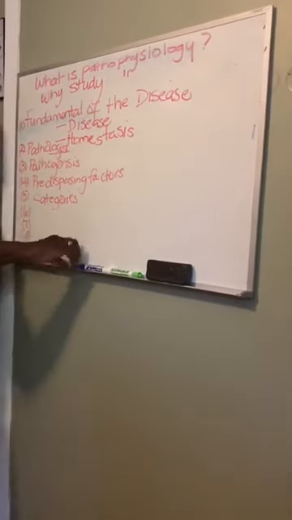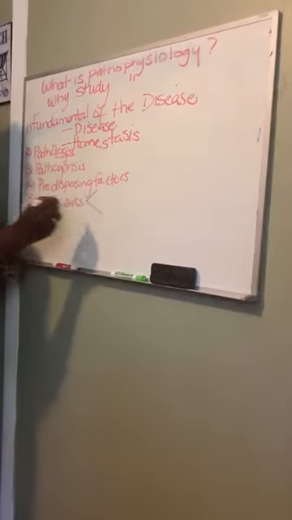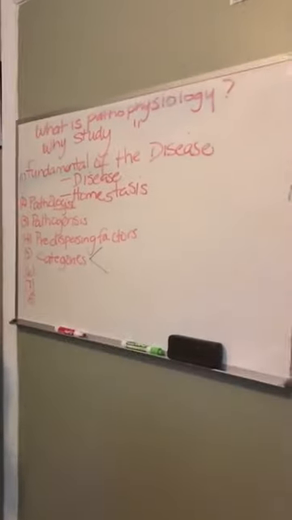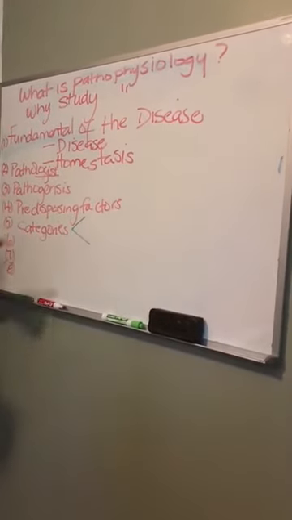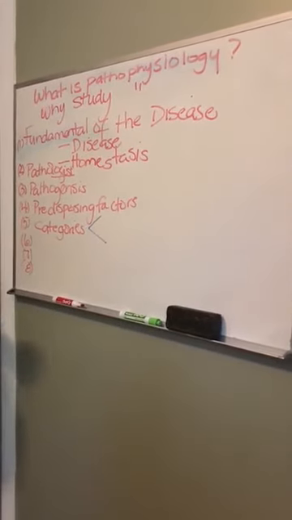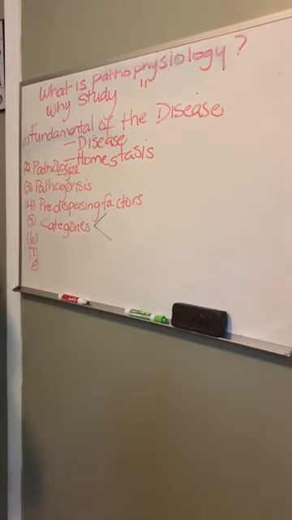Now, I hope you're writing this down, because what's going to happen is we're going to come back and we're going to talk about those 2 concepts right there. All right? Endogenous and exogenous. We're going to come back and look at that later. All right? So put those 2 lines there. We're going to come back and talk about those 2 categories.